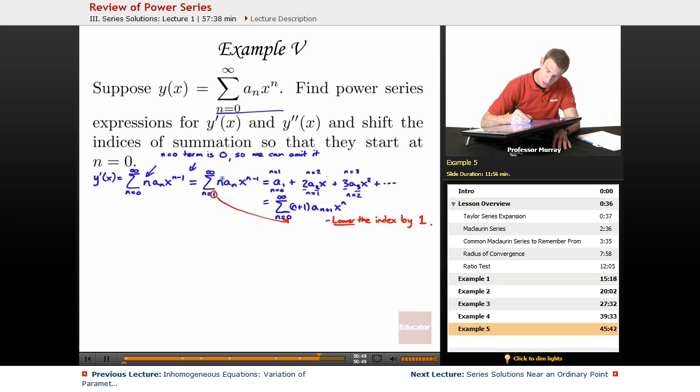And then all the n's in the formula got raised by 1. So that n turned into an n plus 1. The n in the subscript turned into an n plus 1. And the n minus 1 turned into an n. So to fix that, you raise the n's in the formula by 1.